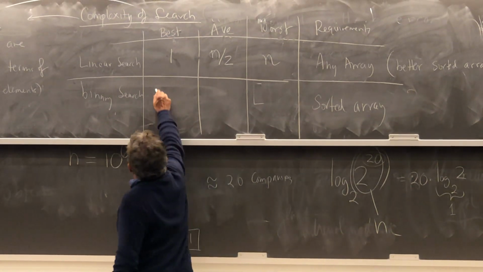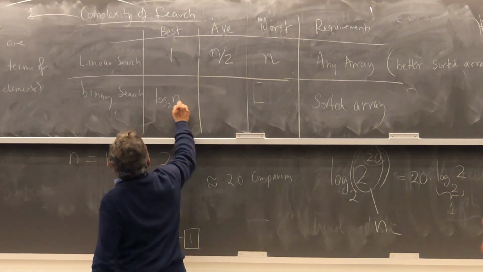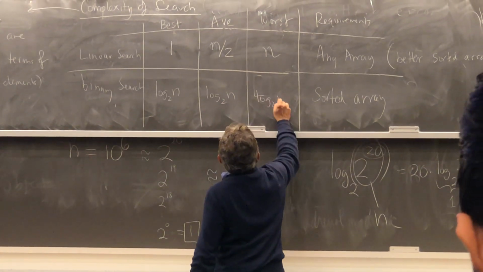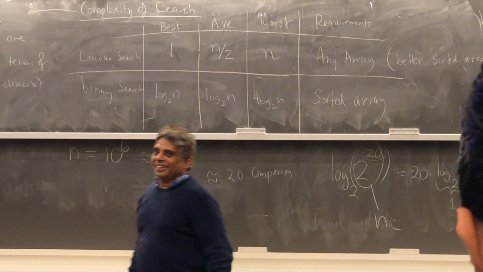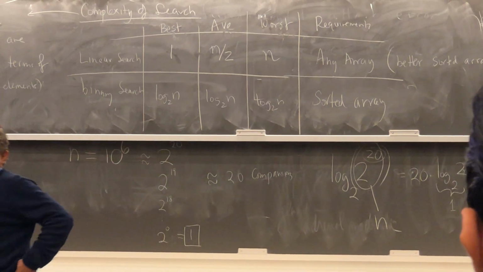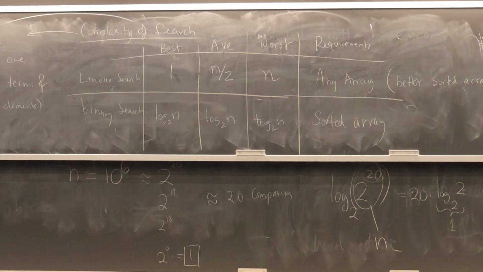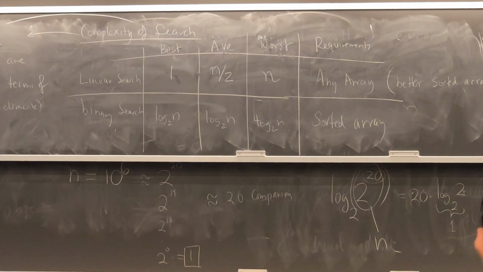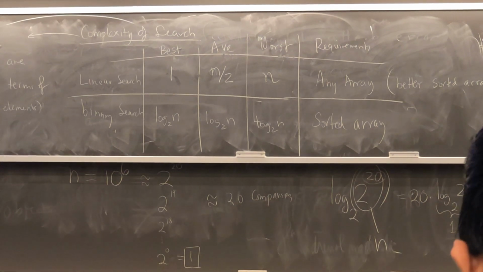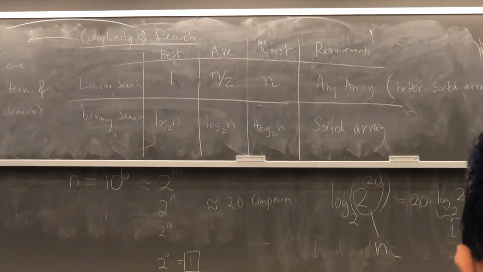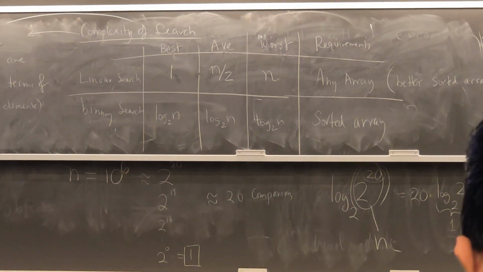But the thing is that in the best case, the average case, and the worst case, it's the same, because I won't be able to do it any faster. It doesn't matter whether it's at the beginning or the middle.